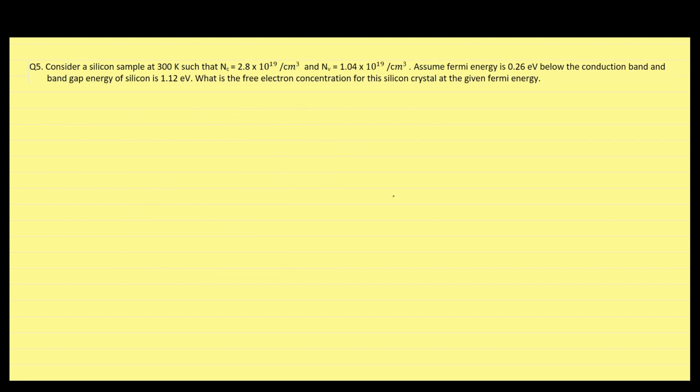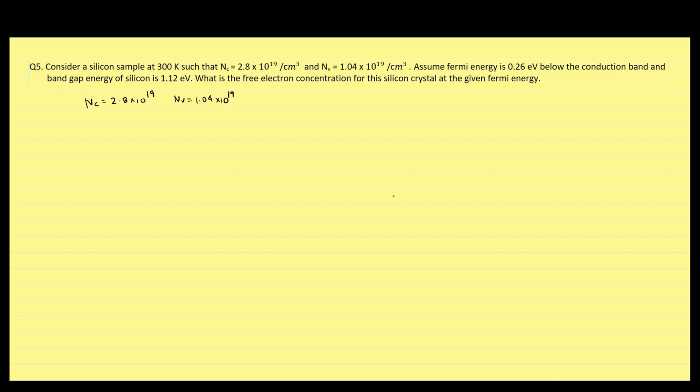Now we come to our last question. Consider a silicon sample at 300 Kelvin such that Nc is given to be equal to 2.8 into 10 raised to the power 19 and Nv is given 1.04 into 10 raised to the power 19.